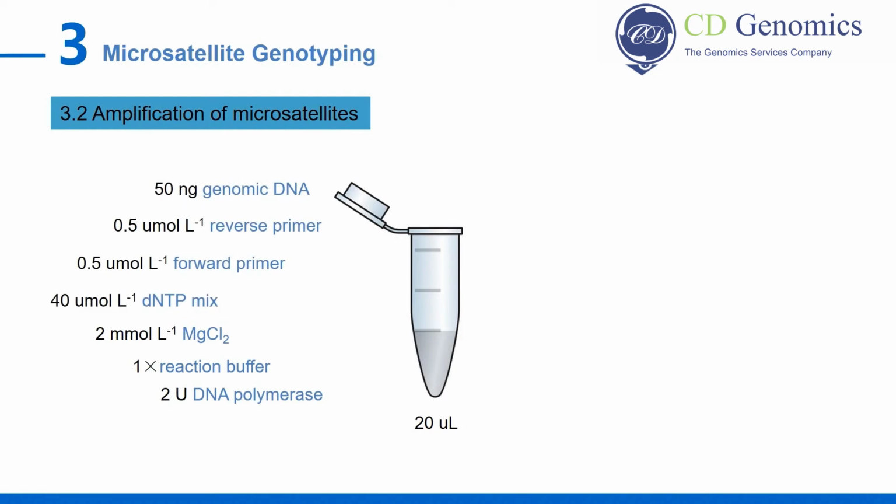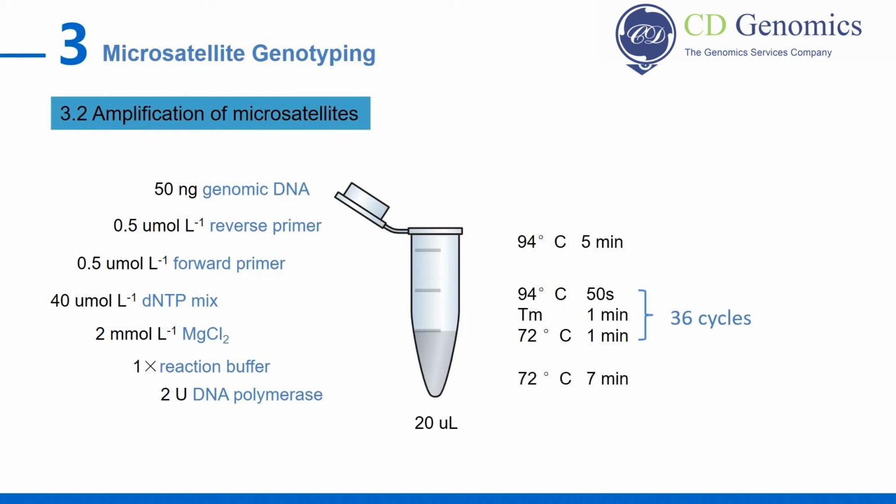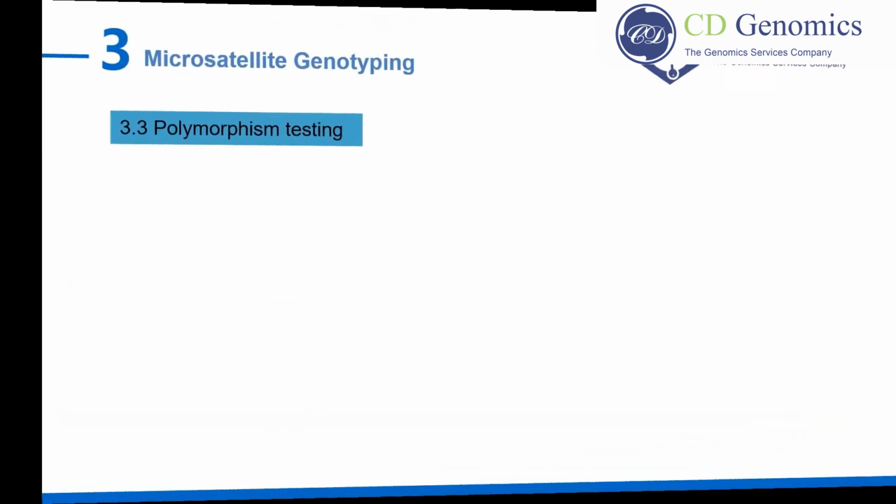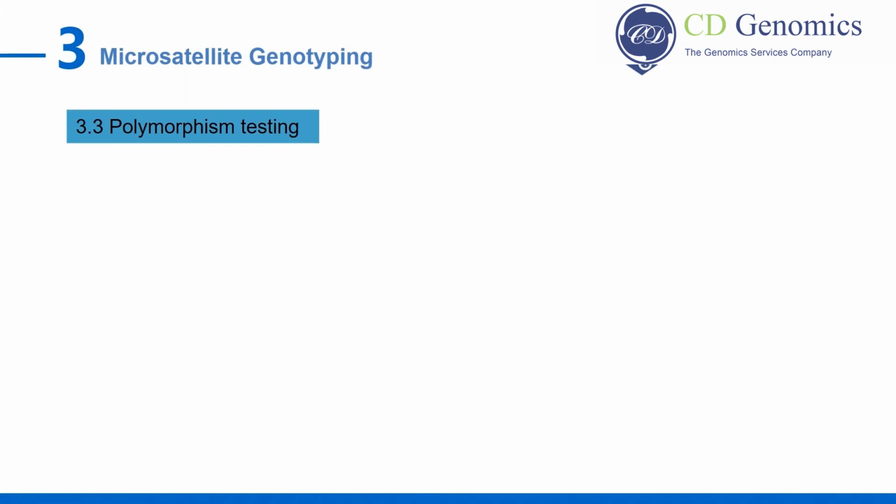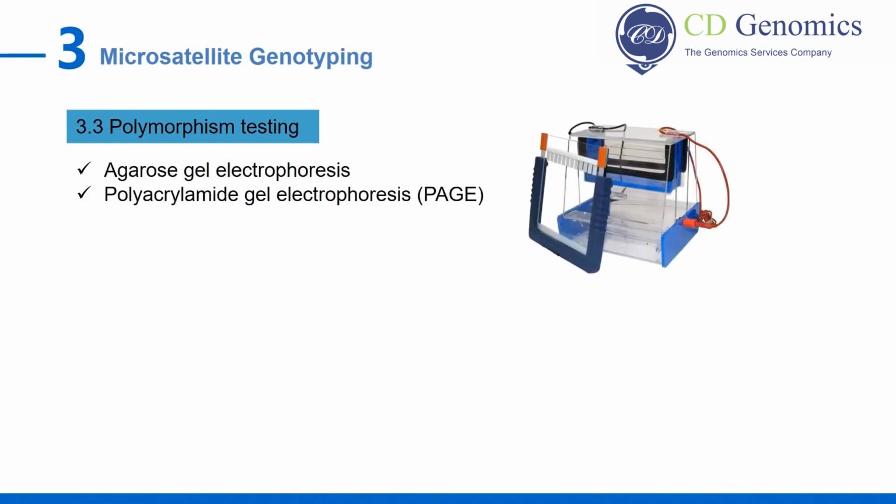Thermal cycling is performed in a PCR instrument under the following conditions: initial denaturation at 94 degrees Celsius for 5 minutes, 36 cycles of denaturation at 94 degrees Celsius for 50 seconds, annealing at optimal temperature for 1 minute, and extension at 72 degrees Celsius for 1 minute, as well as a final extension at 72 degrees Celsius for 7 minutes. The PCR results can be visualized by agarose gel electrophoresis, or polyacrylamide gel electrophoresis.